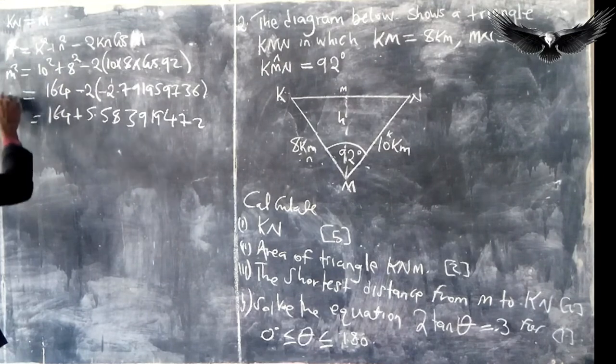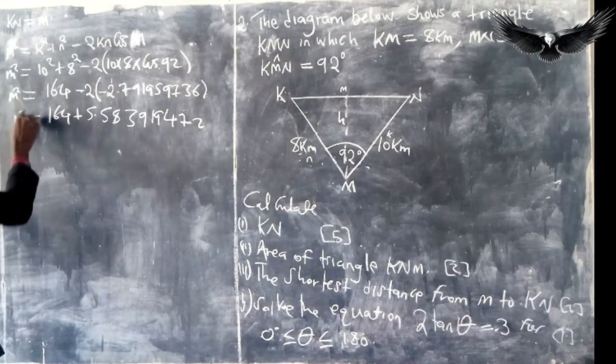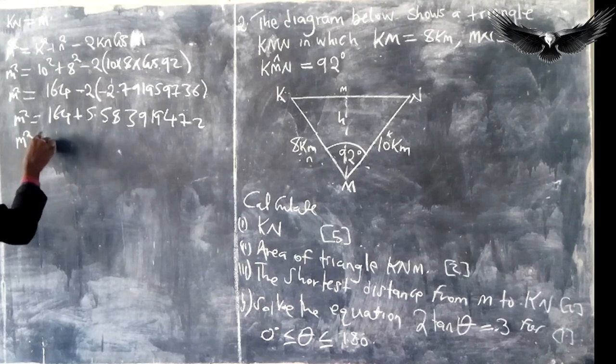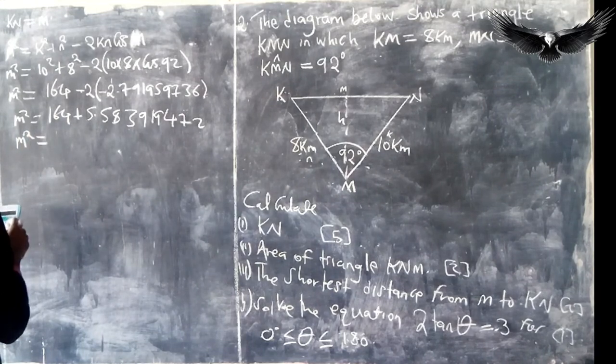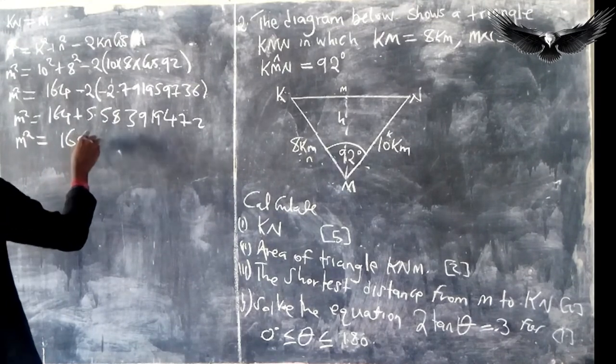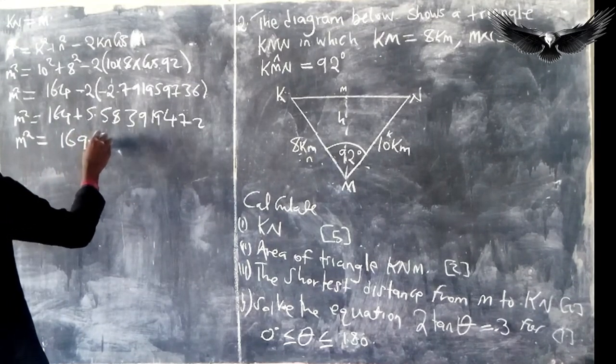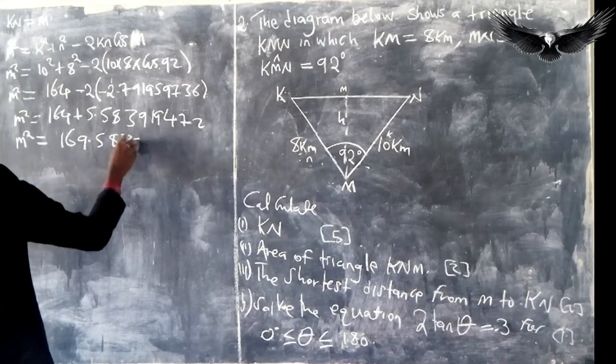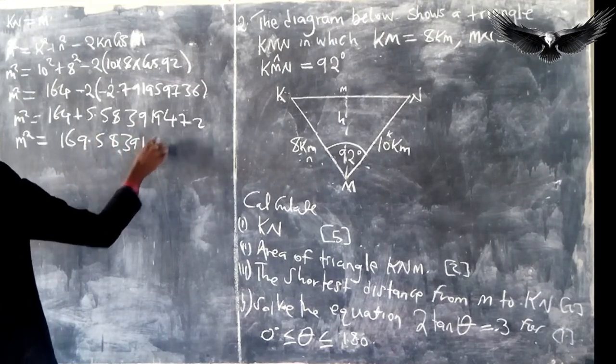So you add this together. Remember, you pick the m squared, you continue with it. So m squared is equal to 164 plus 5.583919472, which gives you 169.58391995.